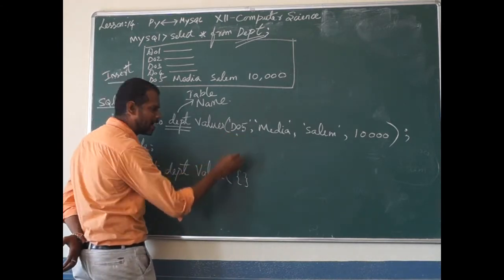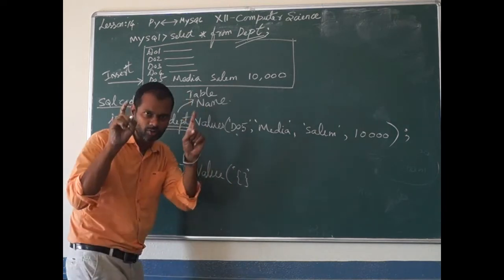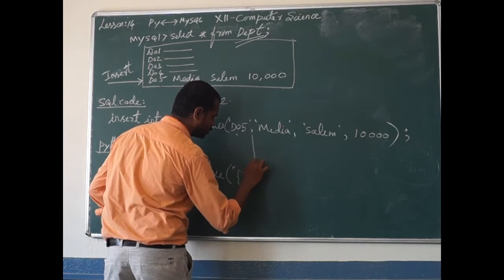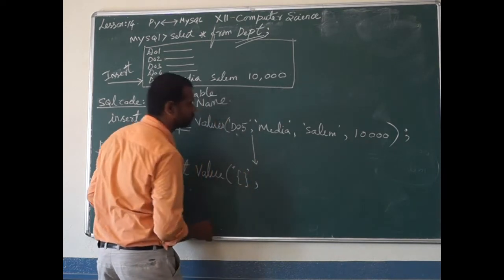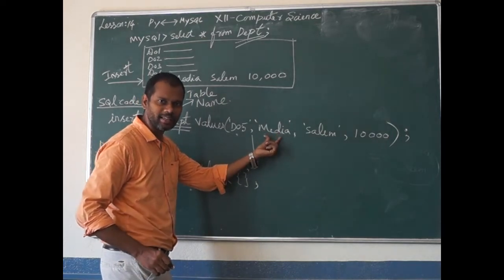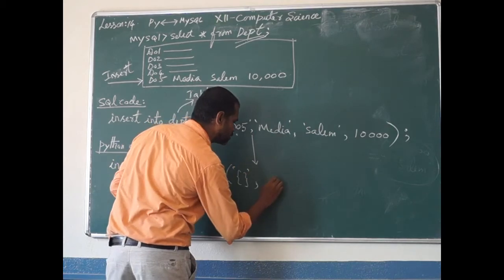Since it is a string, you have to give single quotes, flower bracket, single quotes. Got it? Okay. Then comma, here also comma. Media is a string, it's a character. So instead of this one, you have to write.